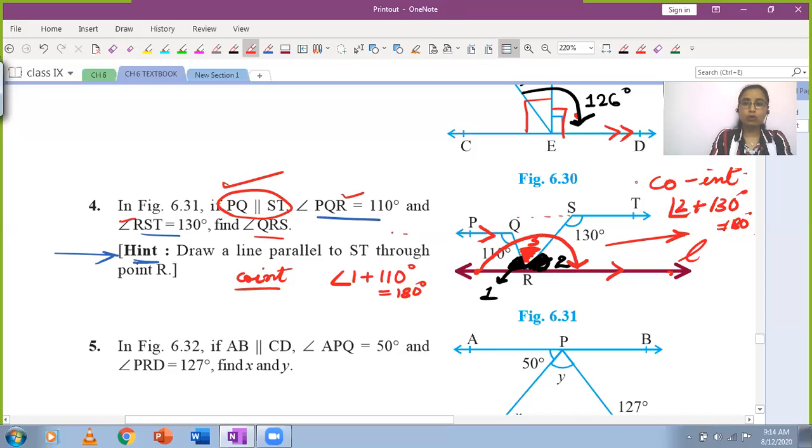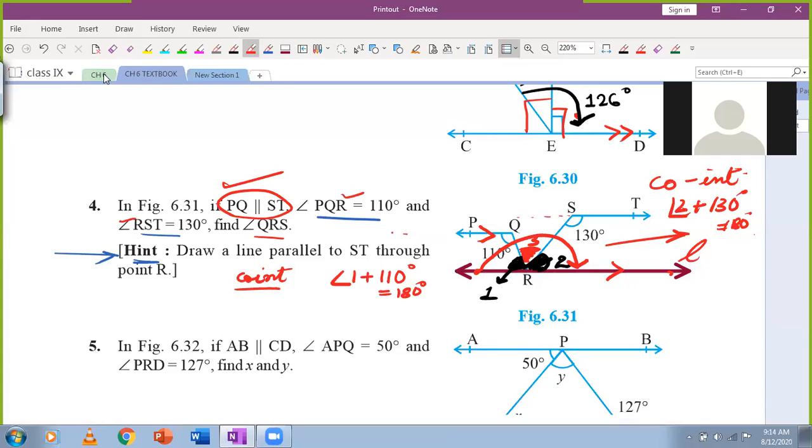Although from your point of view you're doing it completely fine, while writing you identified the wrong angle as the angle in the pair. You wrote the wrong pair in co-interior or in alternate. So just be a little careful. Other than that, it's completely fine. There are multiple ways to do this, so I'll be going with the way I've just explained here.